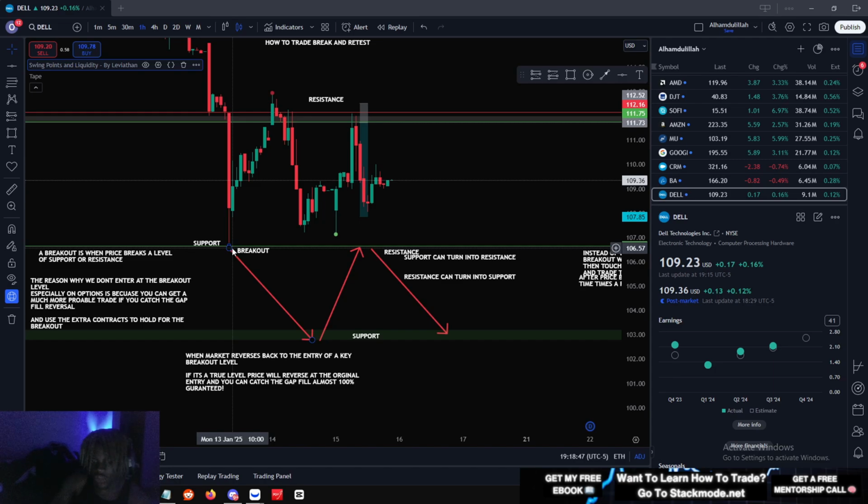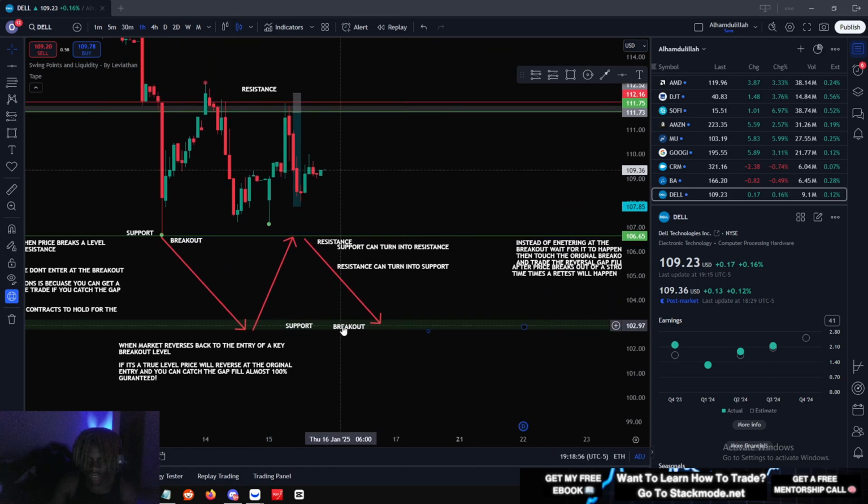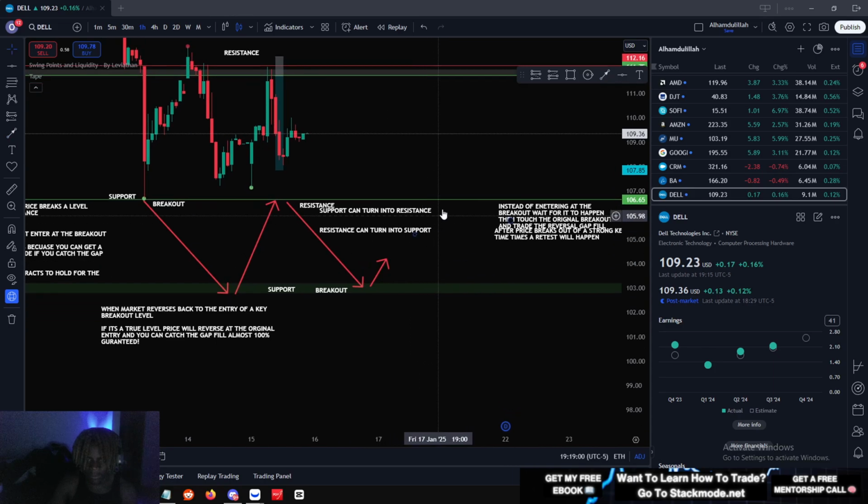And you can use breakouts for your extra contracts. So let's say price went up a tiny bit again, and then it broke out.